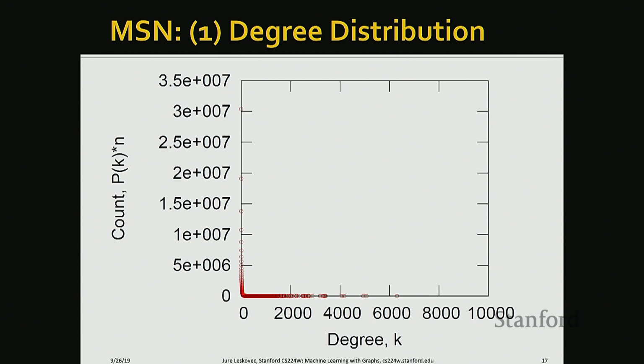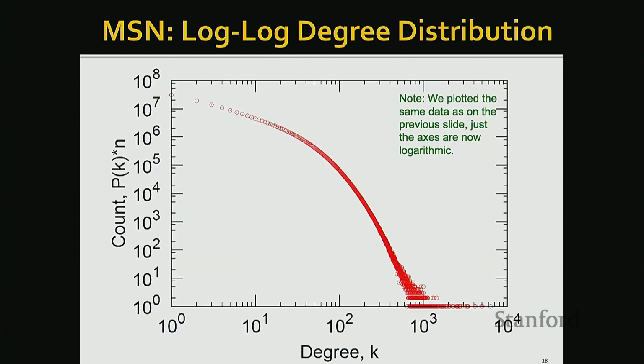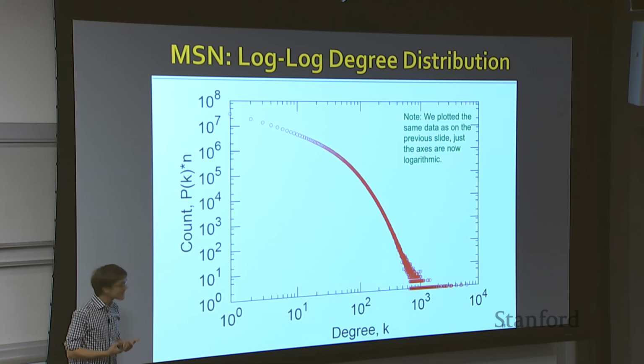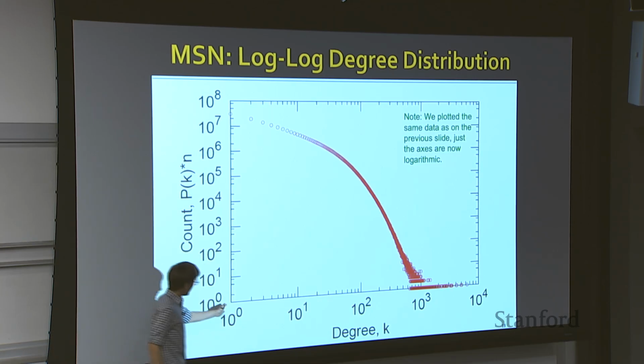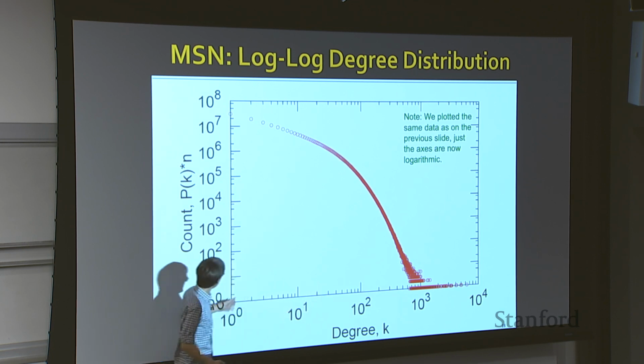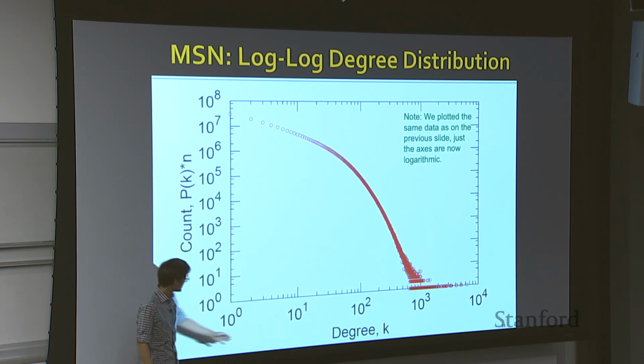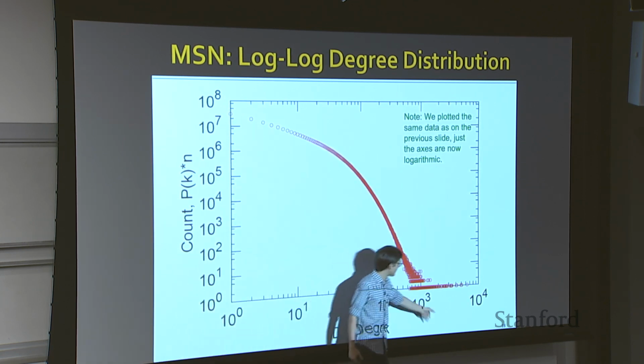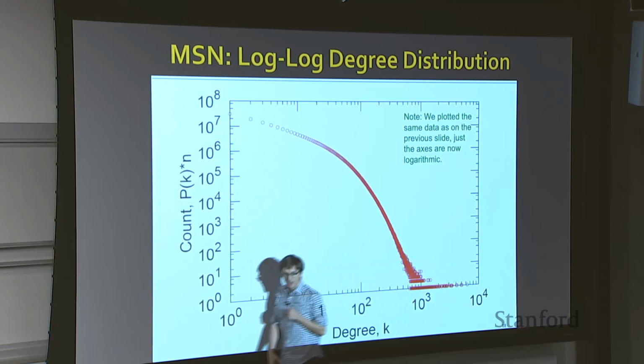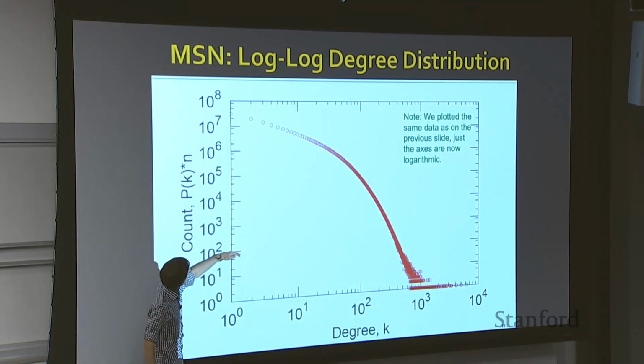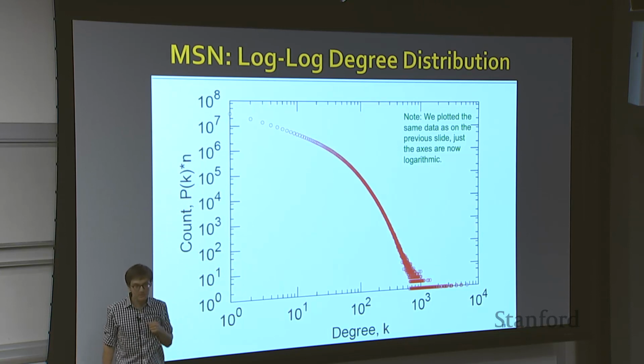But what happens if you take the same data, but you change how you plot it? You don't plot it on linear scales, but on logarithmic scales, and then good stuff emerges. So this is exactly the same data, just with a logarithmic axis here and a logarithmic axis here. So this is 10, 100, 1,000, 10,000, and this is 10 people, 100 people, all the way to 10 million, 100 million people.